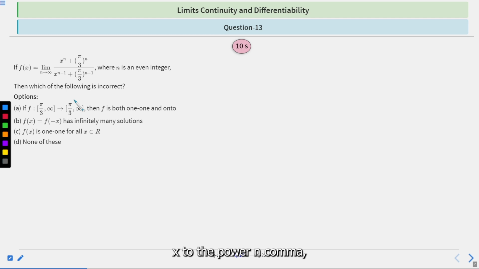After that, see, this is infinity by infinity form, right? So the best method to use in infinity by infinity form is to take the highest power common. After that we will resolve the things, right? Here n is an even integer, you have to remember this, right? So you have 10 seconds to solve this question. After 10 seconds we will discuss the solution.